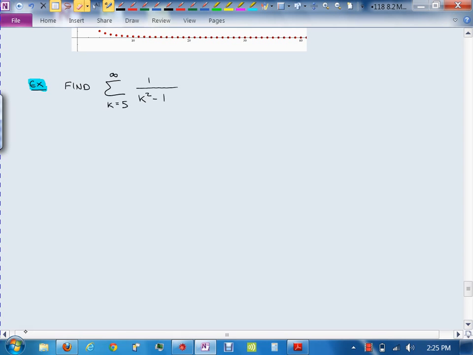So without being geometric and without being harmonic, I have to figure out what it is. So the one thing you can do to try and get your hands around it is to write out the first few terms.